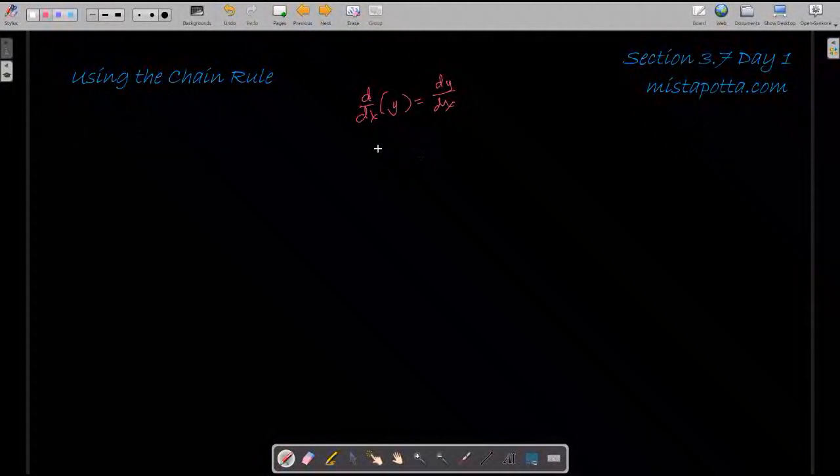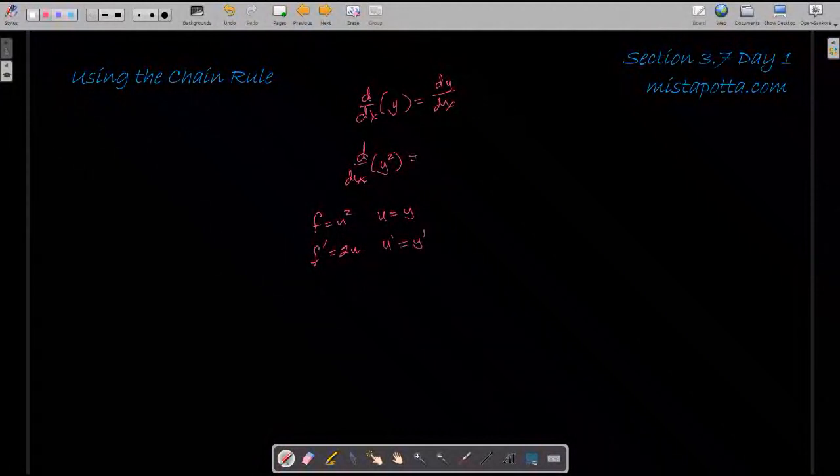So if this is true, if the derivative of my y function is dy dx, then the derivative of y squared, if I want to deal with this, I basically have f is u squared and u is y. So the derivative of f would be 2u, and the derivative of u would be y prime.